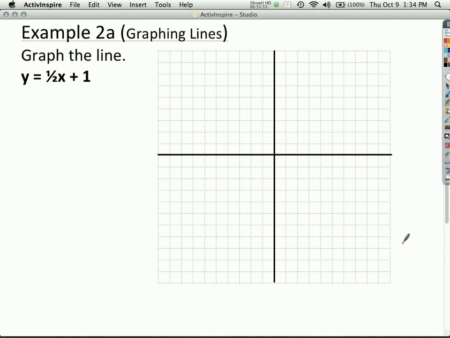What form is this equation in? What form is it in? Stephen? Good. So with slope-intercept form, what's our starting point for a graph? What's the starting point? Kadir? And what is it in this case?